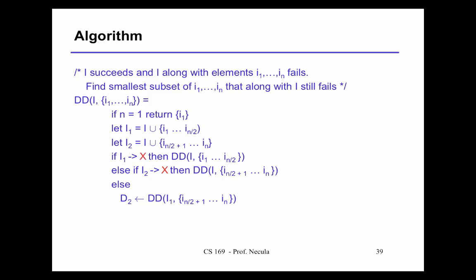And this means that I by itself succeeds, but there's something in it that you need. And you need to find what is the smallest subset of here. So you run this test first. This is I1. It's I plus the first half, and this succeeds. Then you run I2.